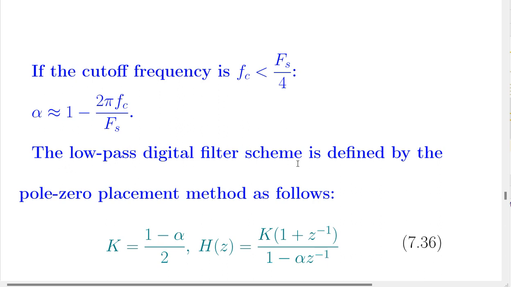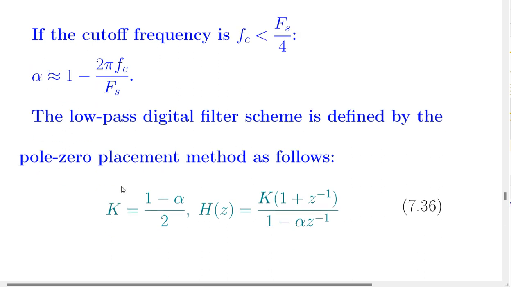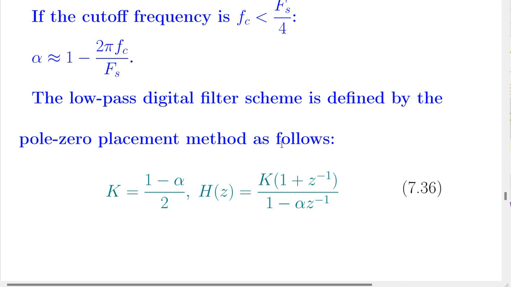The low-pass digital filter scheme is defined by the pole zero placement method as follows. K, controlling the gain of the filter. Don't worry about it if you don't understand. Just look at this part, okay?